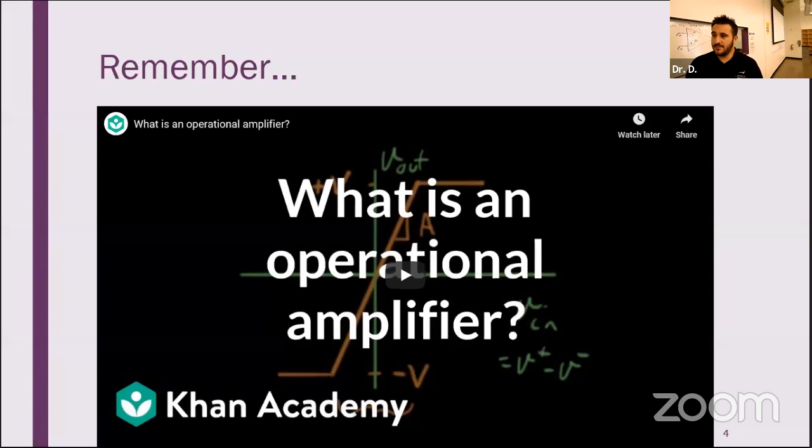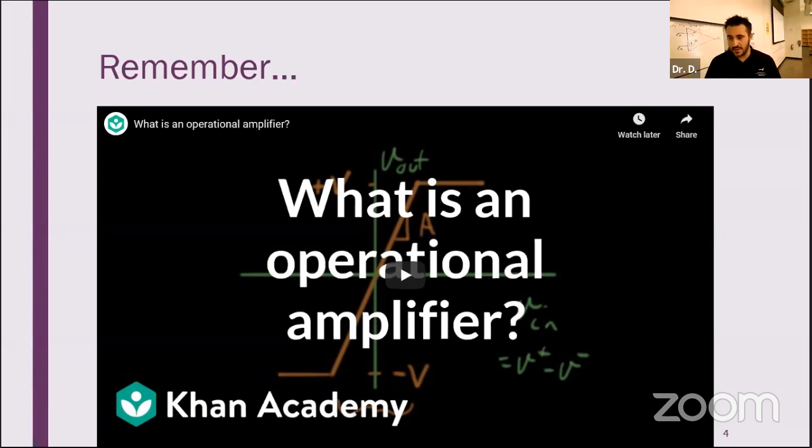Inverting versus non-inverting is all about how you configure it. Like it was said in the video, when you have an inverting op amp, that just means your output voltage is doing the opposite of what your input voltage is doing. So if you apply a positive input voltage and get a negative output voltage, that is an inverting op amp. Likewise, if you put in a negative signal and it comes out positive, that would be inverting. That's all it really means.